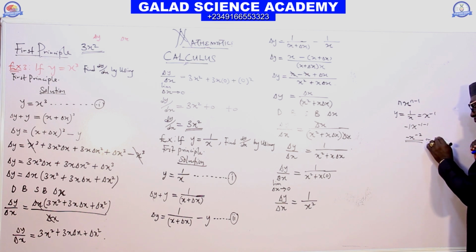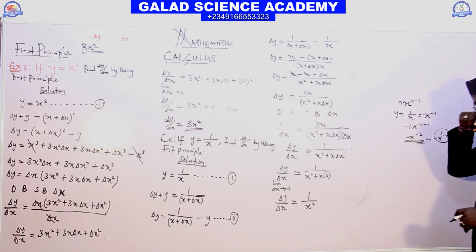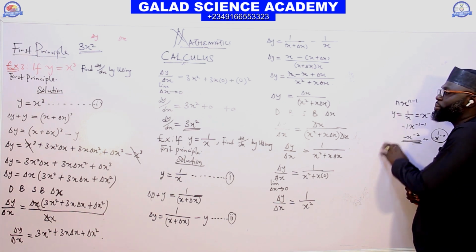Or minus x equal to 1 over minus 2. This is what we get for your final answer. So this is what we get by using such method.